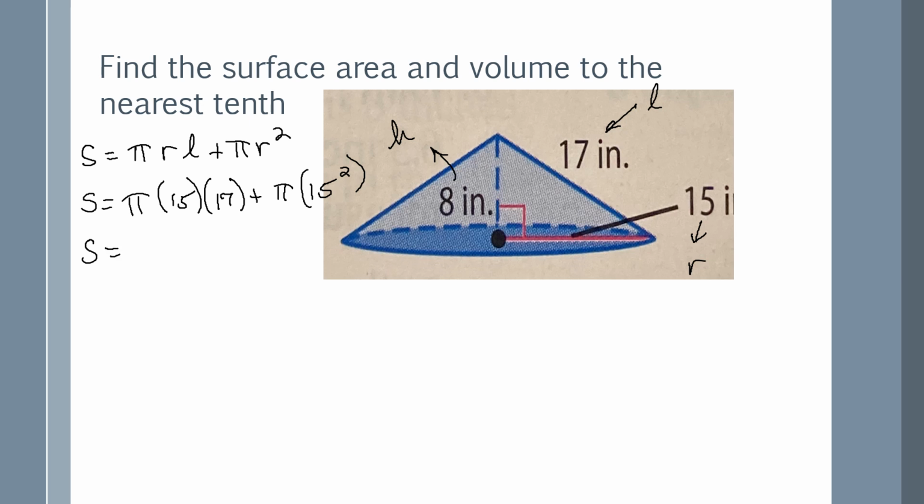So we just take our calculators, 15 times 17, and I've got 255 pi plus 15 squared is 225 pi. So we can treat pi like a variable here and add these coefficients of pi, and that's going to be equal to 255 plus 225. That's 480 pi.